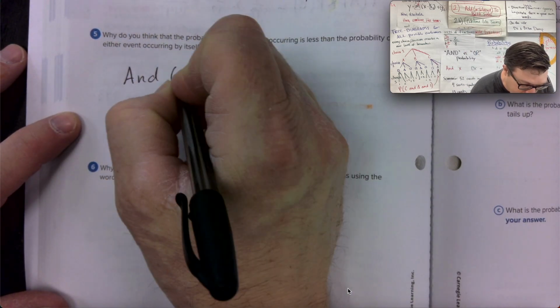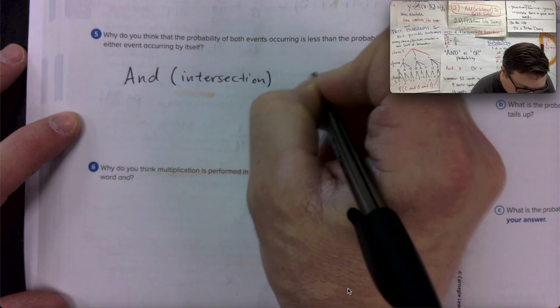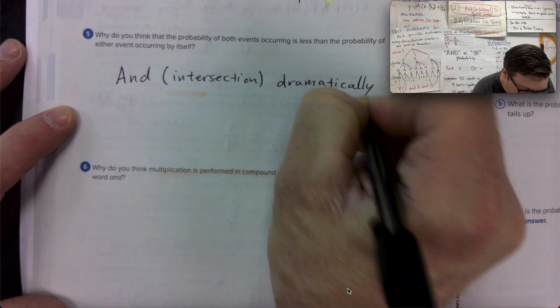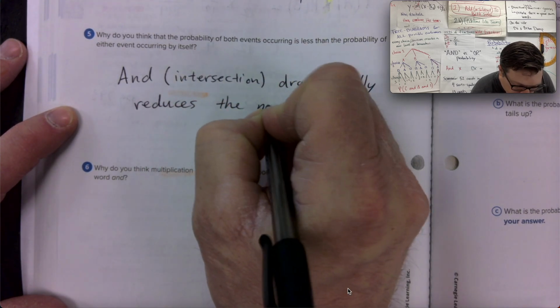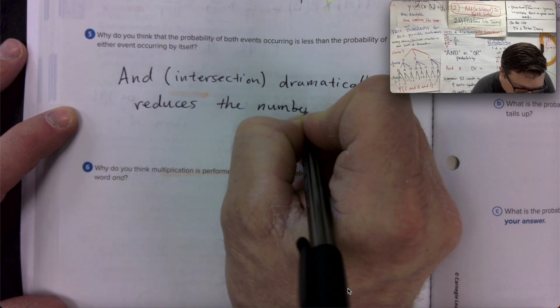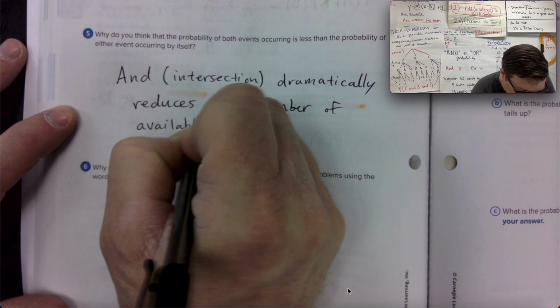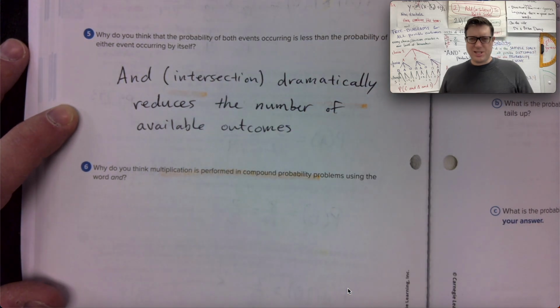And, aka intersection, dramatically reduces the number of available outcomes. But the total stays the same, right?